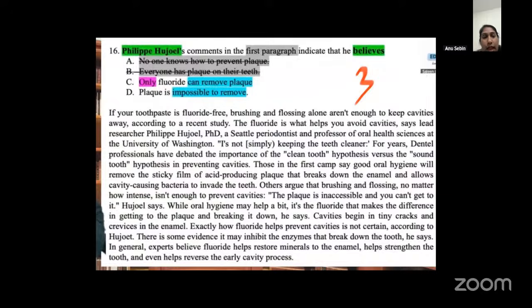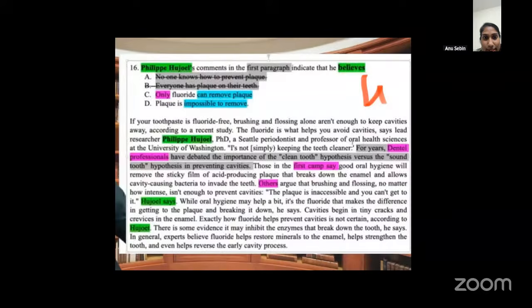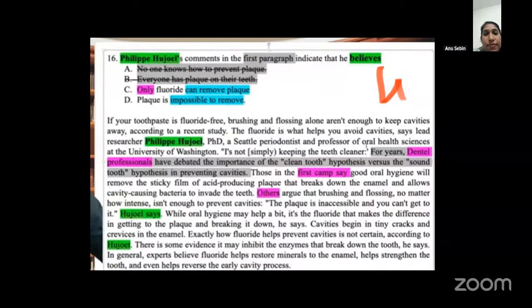Okay, so it's Philippe. We have to find his name in the test. Philippe Hujoel. Could you please go to another slide? Okay, so we can see his name is mentioned around 4 times in the test.